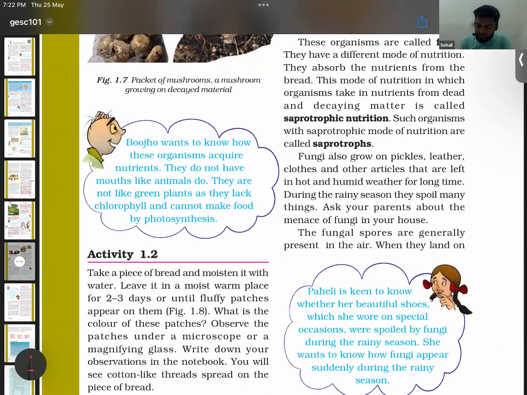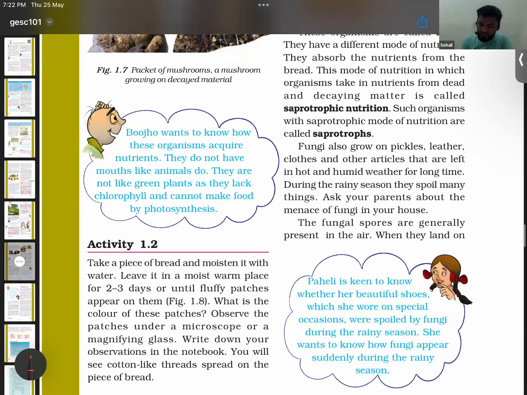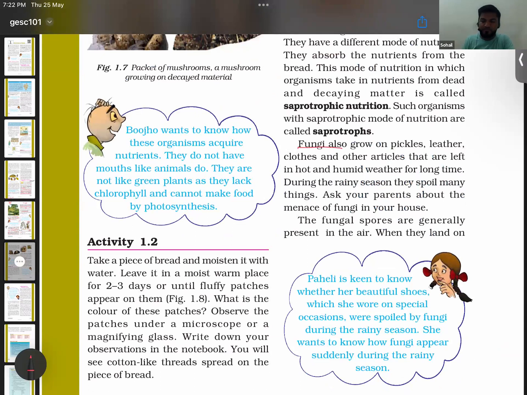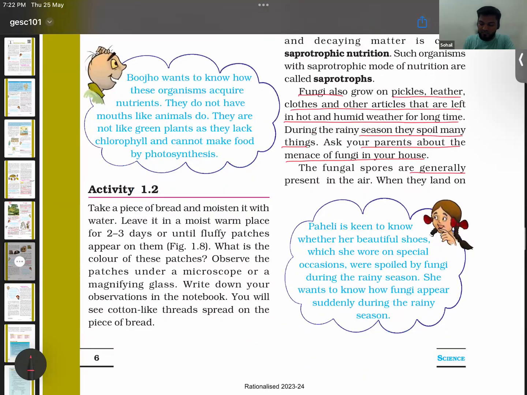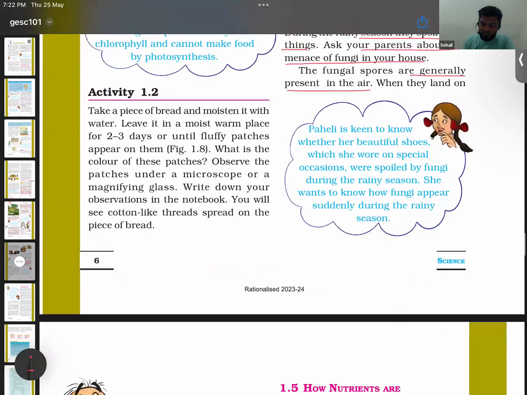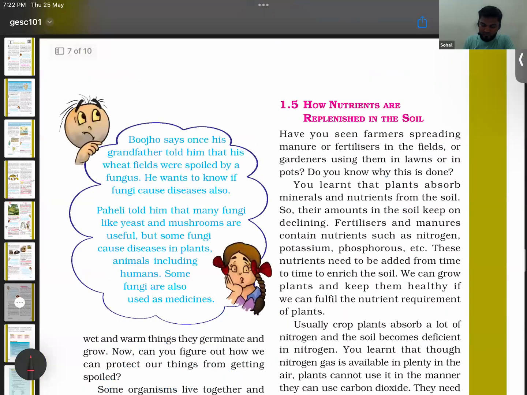Fungi also grow on pickles, leather, clothes, and other articles that are left in hot and humid weather for a long time. During the rainy season, they spoil many things. Ask your parents about the menace of fungi in your house. The fungal spores are generally present in the air. When they land on wet and warm things, they germinate and grow.